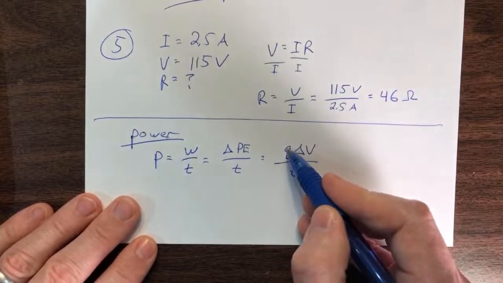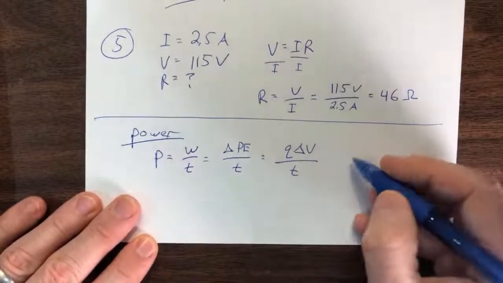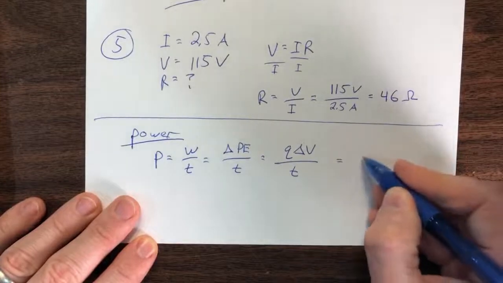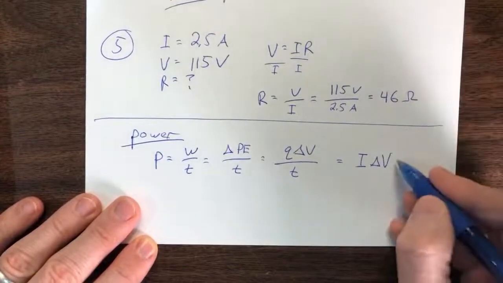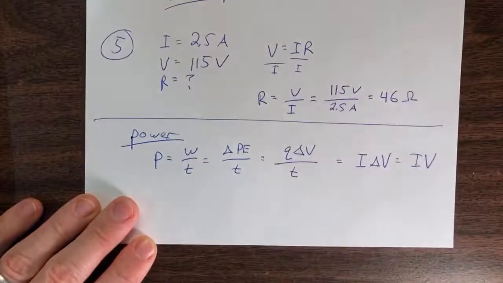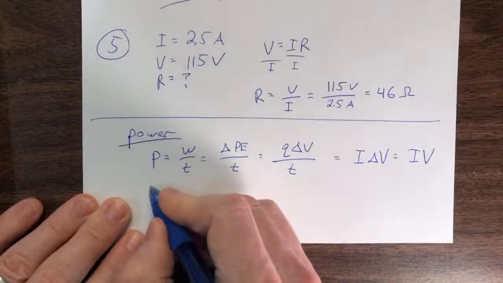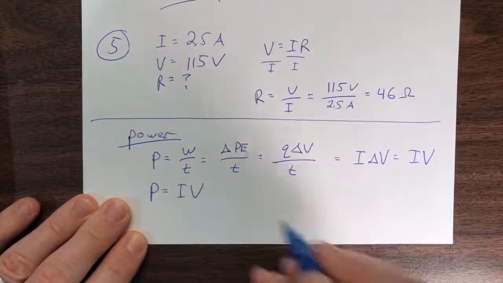We know that Q over T, charge over time, is current. So this equals your current times your potential difference, or we're going to simply write it as your current times the voltage. And so there's your equation for electrical power. Power is current times voltage.